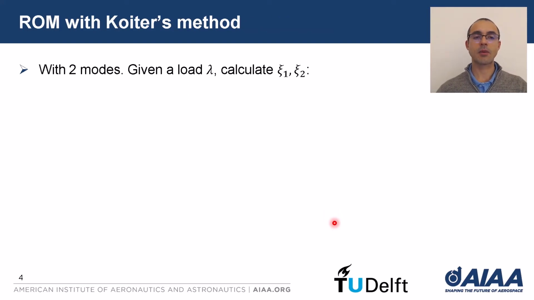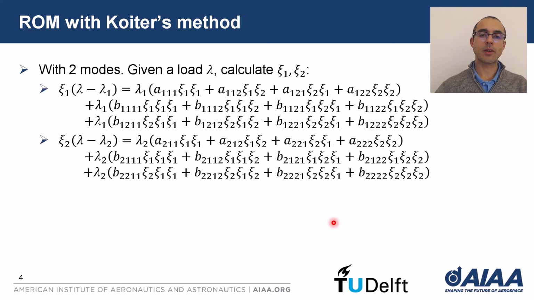In this example with only two modes, given a load lambda, when we calculate psi1 and psi2, these are the equations that we obtain. So we have two equations for two unknowns, which are psi1 and psi2. This can be solved non-linearly.